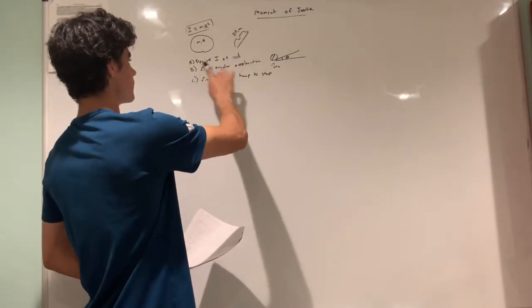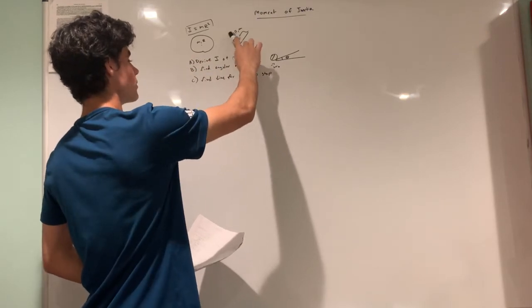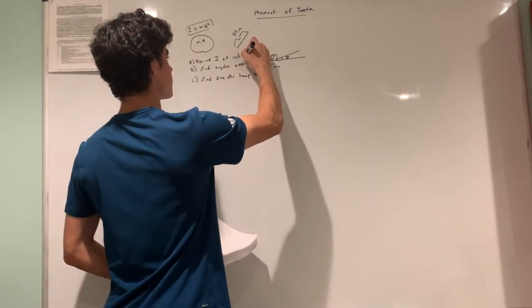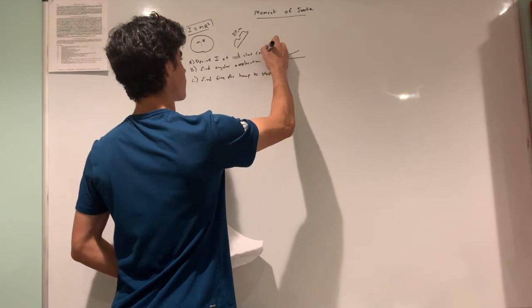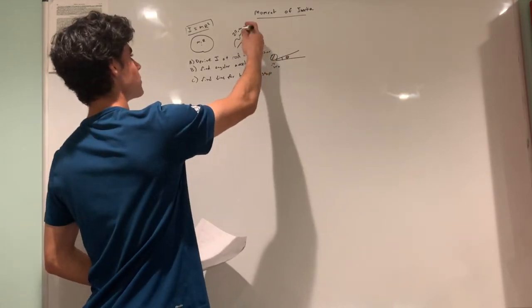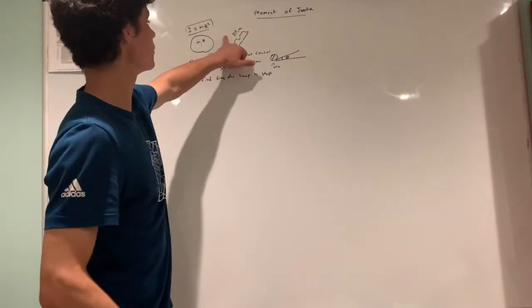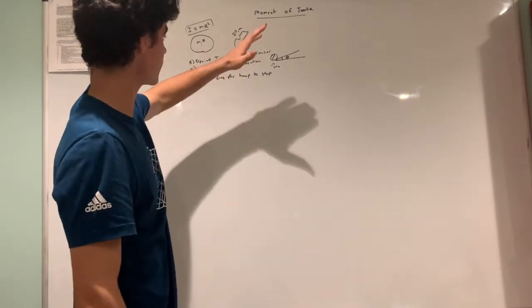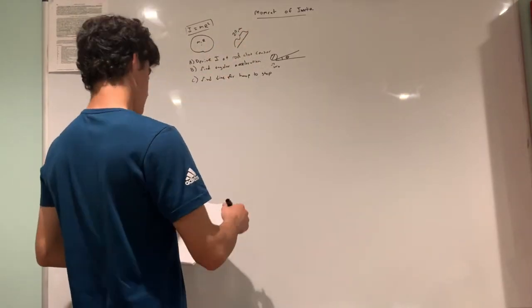We were told to find the moment of inertia of a rod about its center, a rod that is 2r in length and has mass m.